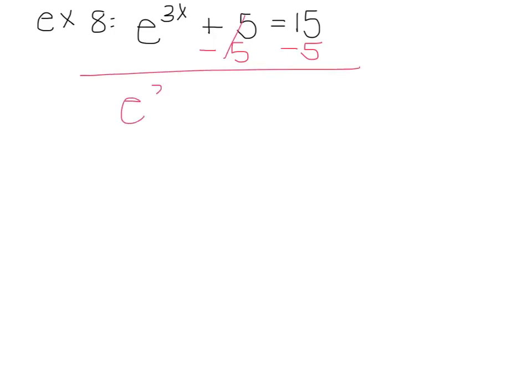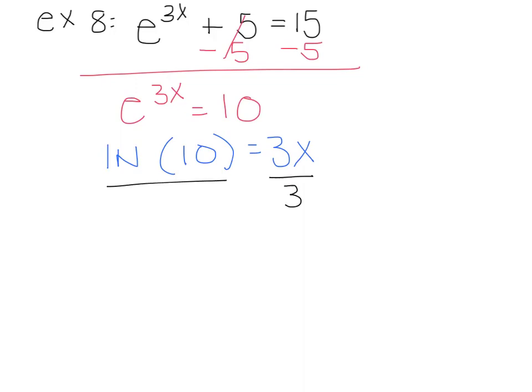So e to the 3x equals 10. Now change to natural logarithmic form, so ln of 10 equals 3x. Remember, once you change it, can't touch it. Then to get rid of the 3, divide by 3, so your answer is the natural logarithm of 10 divided by 3 equals x.